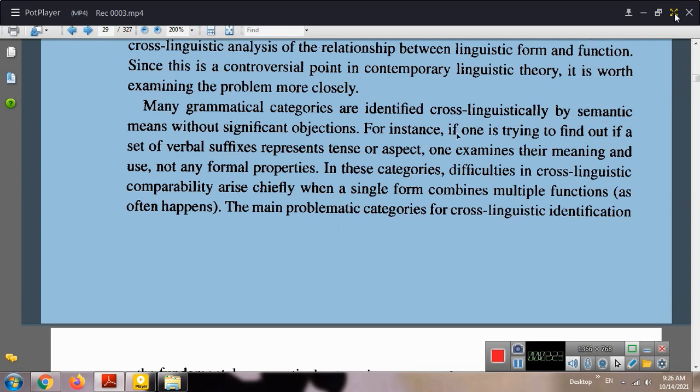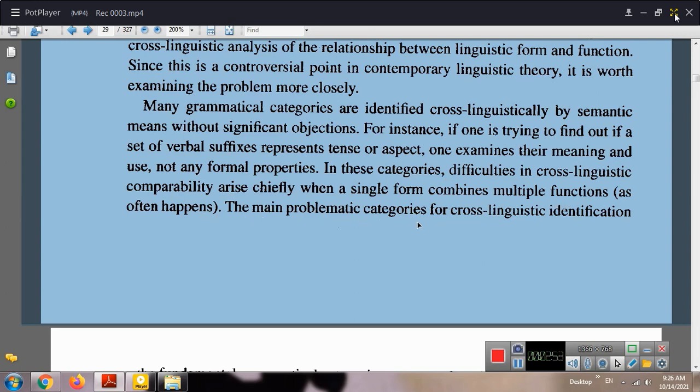For instance, if one is trying to find out if a set of verbal suffixes represents tense or aspect, one examines their meaning and use, not any formal properties. In these categories, difficulties in cross-linguistic comparability arise chiefly when a single form combines multiple functions, as often happens.